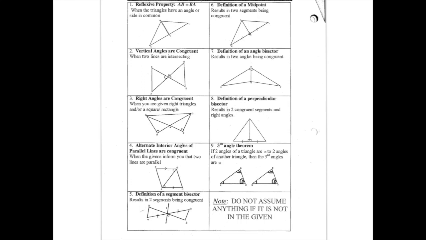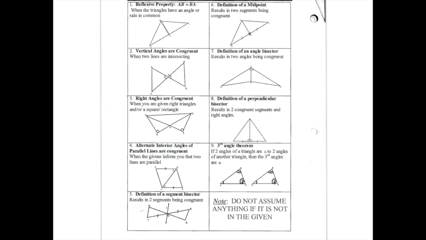Next one, right angles are always 90 degrees, so they're always congruent. So if you have right angles in two different triangles, you know that they're congruent. So you say they're congruent, and you say, for your reason, right angles are congruent. The next, this one says alternate interior angles of parallel lines are congruent.